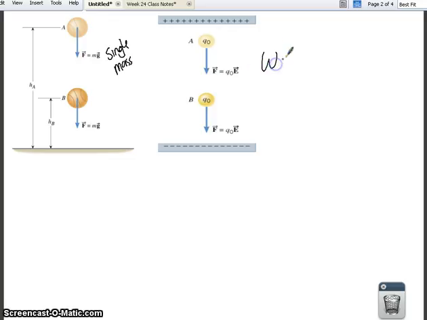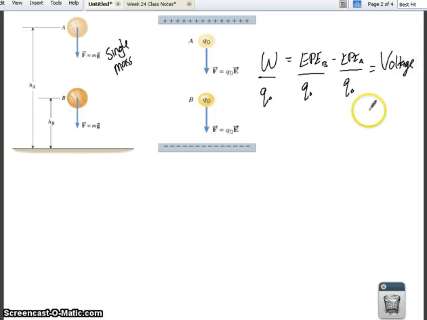So we have this equation, work equals the electric potential energy of B minus the electric potential energy of A. And so we're going to divide everything by Q0 because we want to know how much energy there is per charge. And so this concept, work divided by charge equals energy divided by charge, is what we call voltage, V. And voltage, or volts, is known as electric potential.